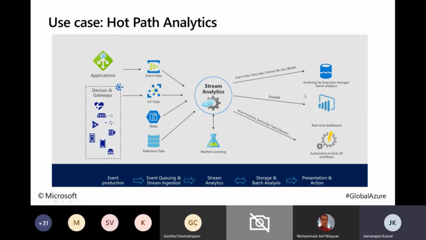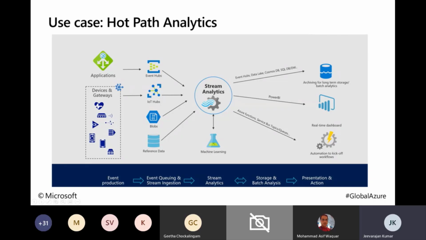For the output, if you want to preserve the data permanently for the long term, you can have it in Cosmos DB, Data Lake, or another event hub, something like that. And if you're talking about getting the data out of Stream Analytics into a real-time dashboard, we can do that with Power BI. Another important thing is that with the data, we can have other triggers or workflows to kick off specific events.